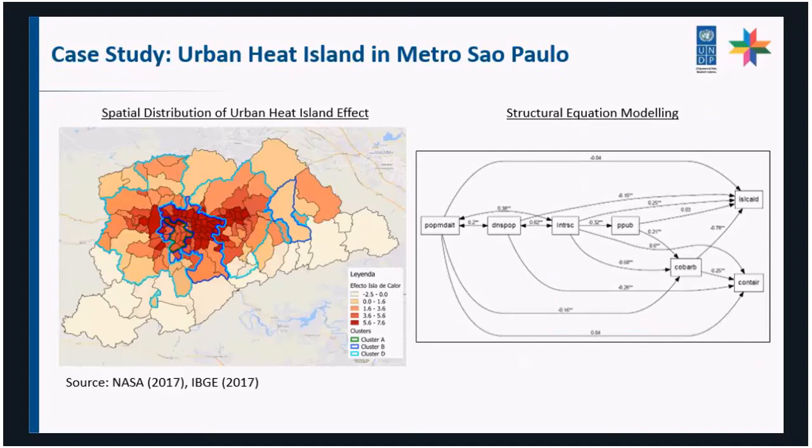So these are two examples of the ways in which, using a geographic approach, we can first see the spatial distribution of the urban heat island effect. In this map to the left, we can see that areas in what we call cluster D, where poor and vulnerable populations are over 50%, have some districts where the urban heat island is over 7 degrees, which is significant.